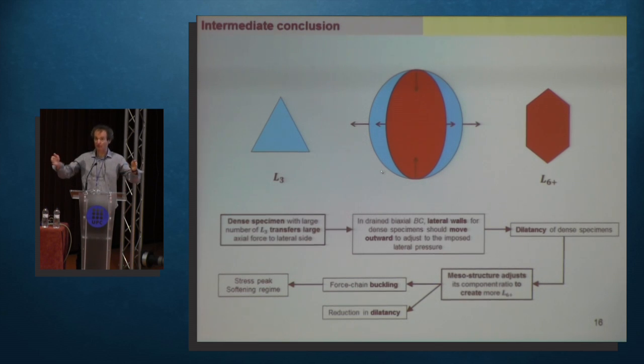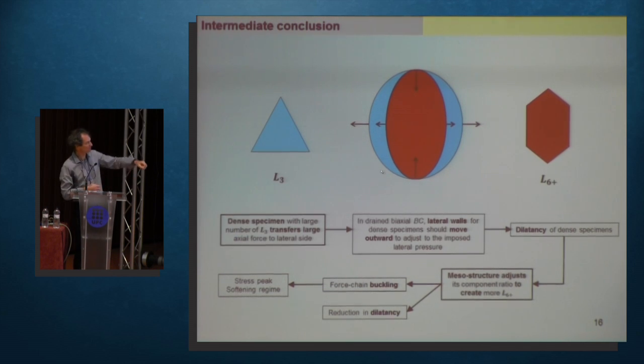If the lateral forces are very important, then you have to move the lateral wall outward. As a consequence, the specimen will dilate. If the specimen dilates too much, then you will destroy the very dense structure with 3 grains, and on the contrary, you will create structures with 6 grains that are much more dilatable.